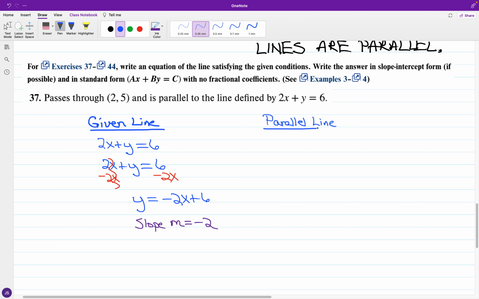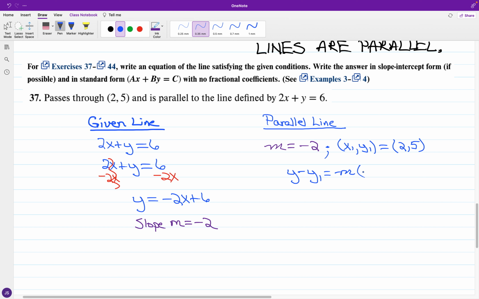For what we have in the case of the parallel line, again, we have with the details. Okay, so parallel lines will have the same slope. And we have the parallel line described as passing through (2, 5). And just setting things up through the point slope equation algorithm.